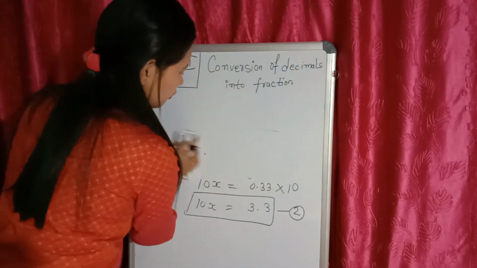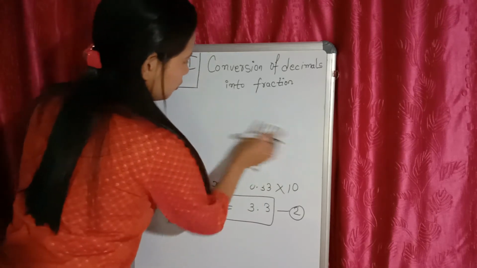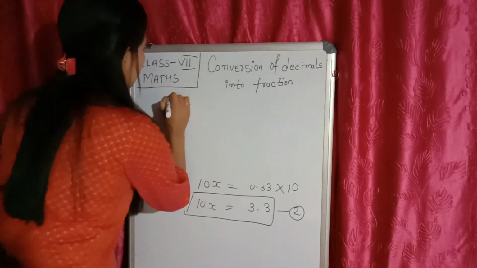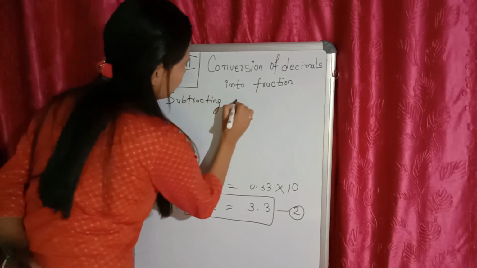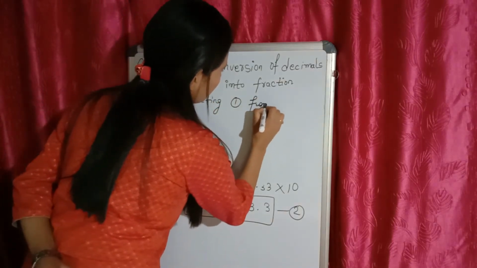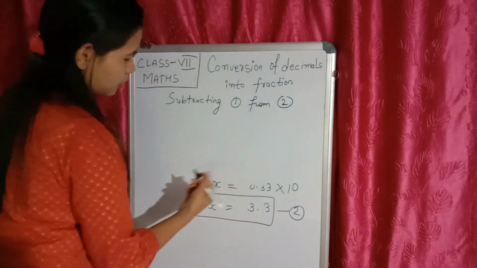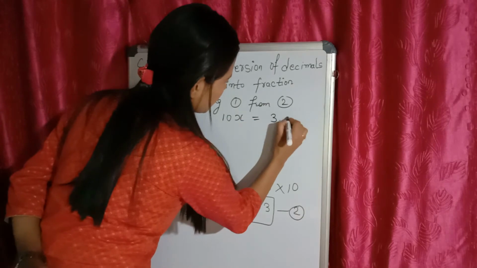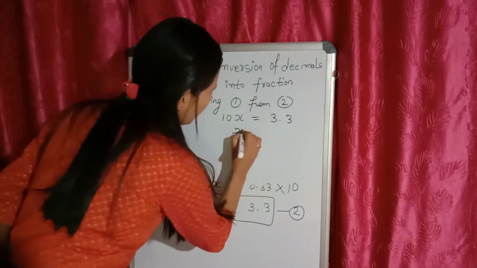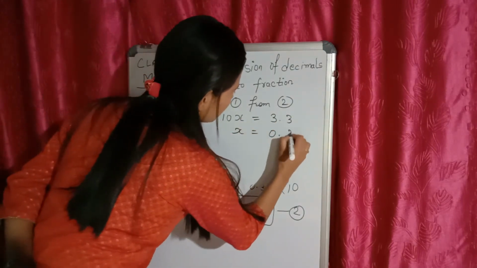Now, subtracting equation 1 from equation 2. Equation 2 is 10x equals 3.3 and equation 1 was x equals 0.3.